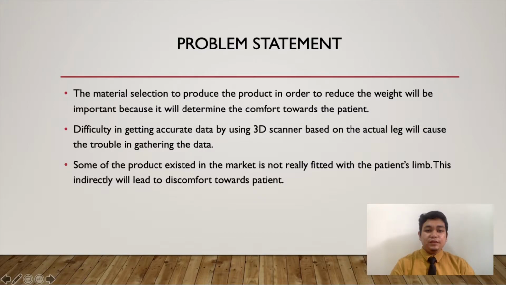Second, the difficulty in getting accurate data by using a 3D scanner based on the actual leg will cause trouble in gathering the data, since the data is not accurate. And lastly, some of the products existing in the market are not really fitted, and this will lead to the patient's discomfort.